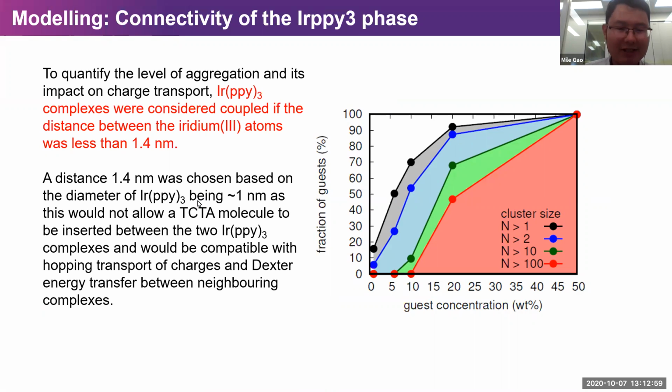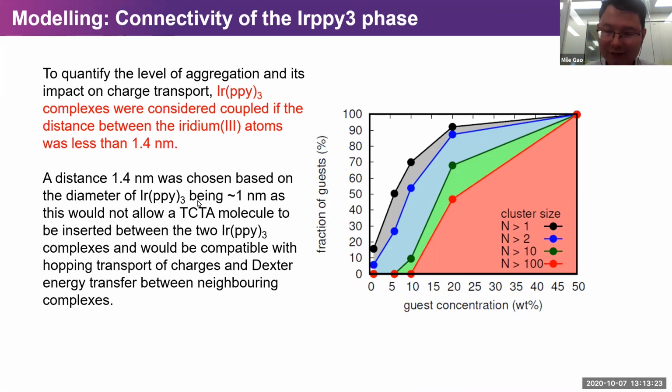Before the quantification, there's one term, the cutoff distance, that we need to consider. The RP complexes were considered coupled if the distance between the iridium atoms was less than 1.4 nanometers.